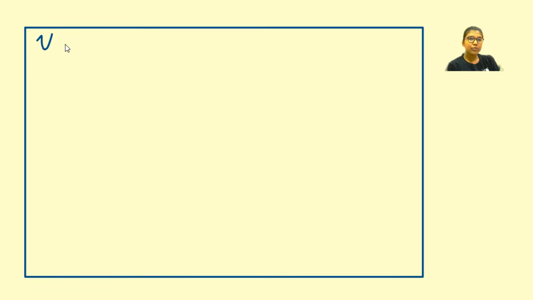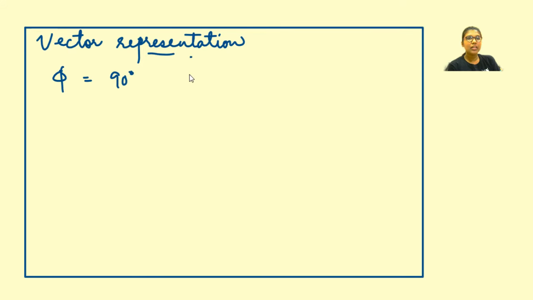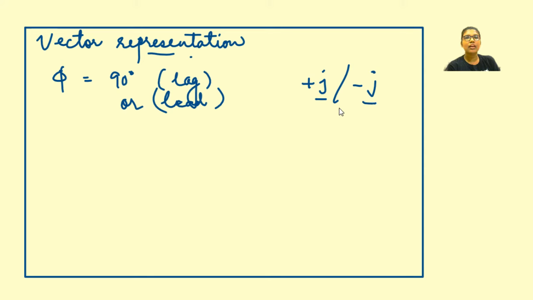So how will we do this vectorial representation? Since there is a phase difference of 90 degrees, whether it's a lag or a lead, we take the help of this J. J, which is iota, is either 1 angle 90 degrees or 1 angle minus 90 degrees. And hence we generate this impedance plane.